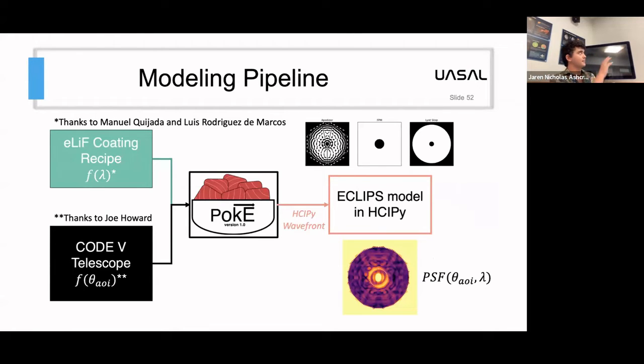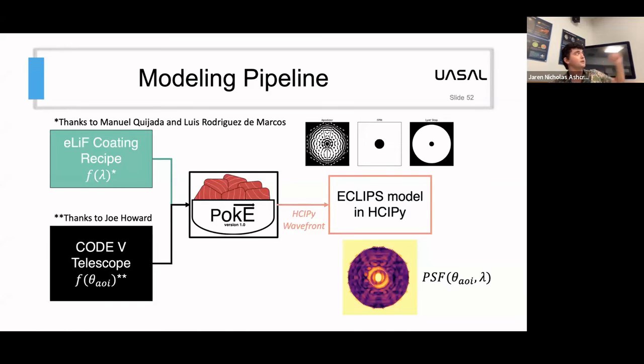The modeling pipeline looks something like this, where we have a coating recipe provided to us by Manuela Luis. Thank you very much for that. In this case, we're looking at LiF, which is a lithium fluoride over aluminum coating that is a function of wavelength. We also have several Code V telescope ray trace models, which are a function of this angle of incidence maximum. Thank you very much to Joe Howard for that.